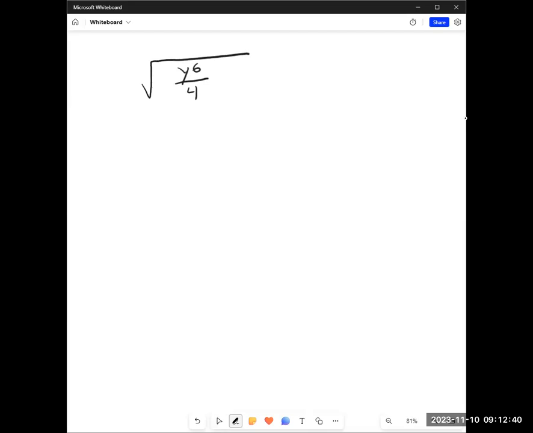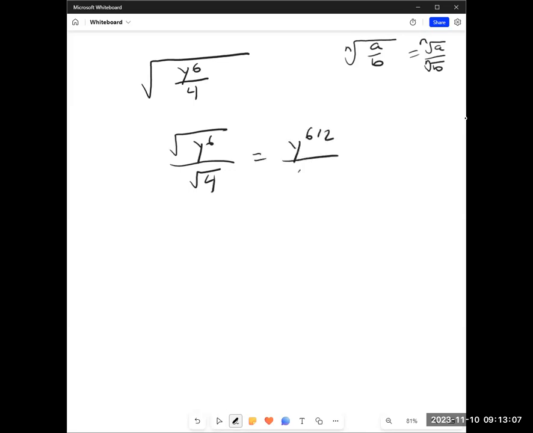So when I have a square root over a fraction, a fraction inside of a square root like that, I take the square root of the numerator and the square root of the denominator, or any root. It doesn't matter whether it's a square root or a cube root or fourth root or anything. So this is going to be the square root of y to the 6th over the square root of 4, which is y to the 6 over 2, over 2. It's going to be y to the 3rd over 2.